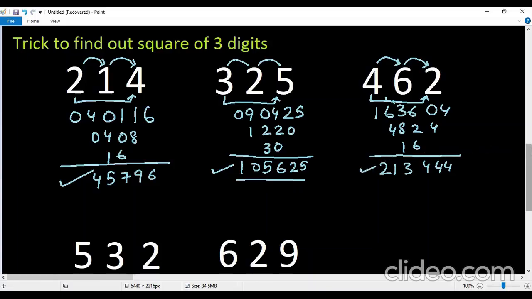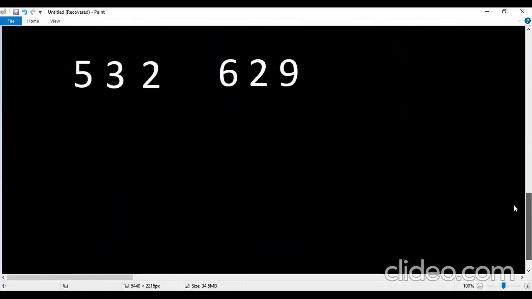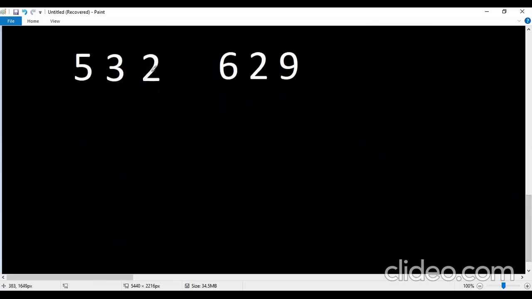When it comes to this question, 2 times 2 is 04, 3 times 3 is 9, I will write 09, 5 times 5 is 25. I will write 25 this way. Now again, 5 times 3 is 15. I will use a double, 30, which is going to be like this. 2 times 3 is 6. 6 plus 6 is going to give us 12.